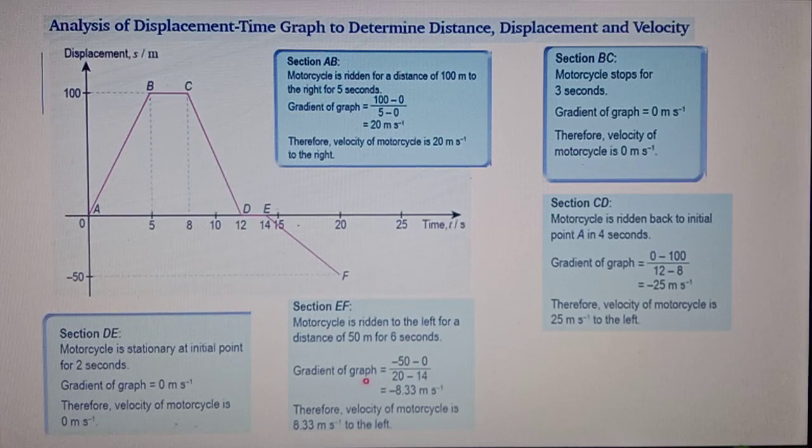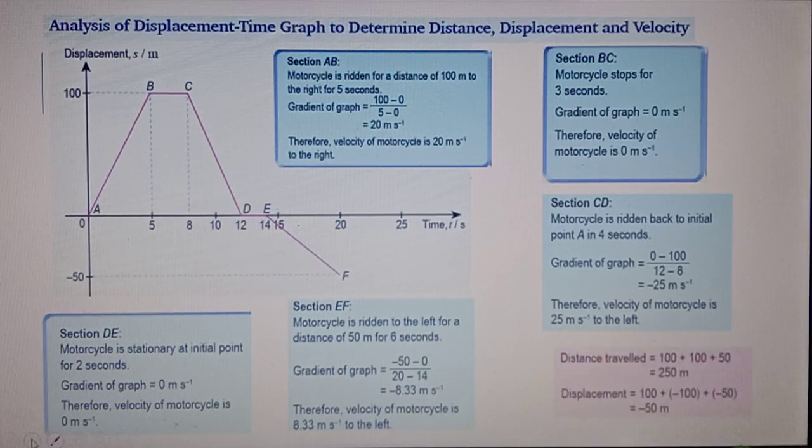So the gradient equals negative 50 minus 0 divided by 20 minus 14. So you can draw a triangle below this line EF. Okay, so we get negative 8.33 meters per second. Therefore, the velocity of the motorcycle is 8.33 meters per second to the left.